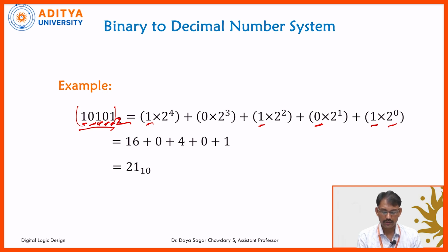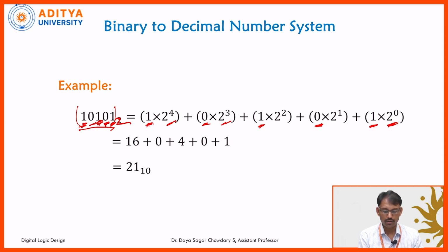Actually we calculate from right to left. 2 to the power of 0 is the units position, that is the LSB. So 1 into 2 to the power of 0, the next position 0 into 2 to the power of 1, the next position 1 into 2 to the power of 2, next 0 into 2 to the power of 3, and 1 into 2 to the power of 4. This is the first step.